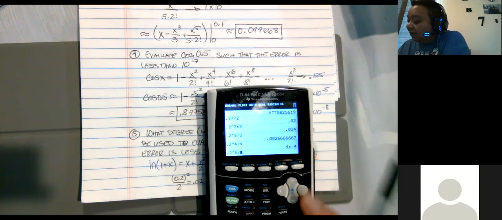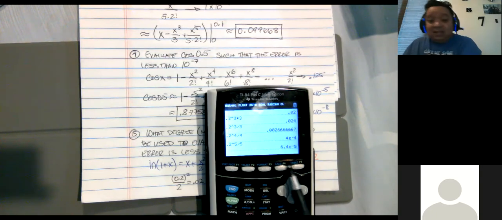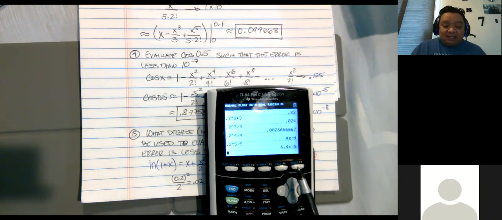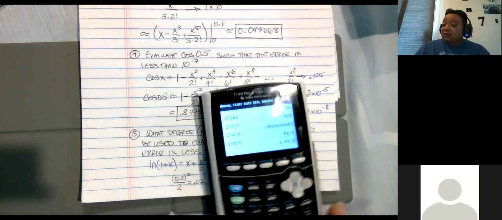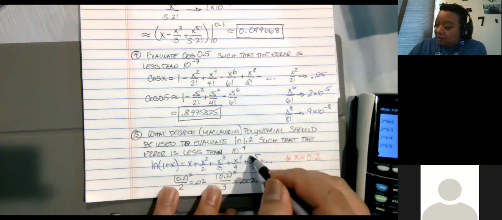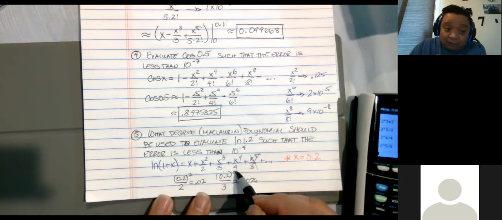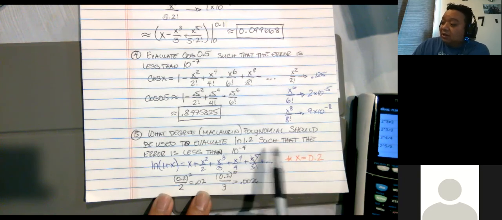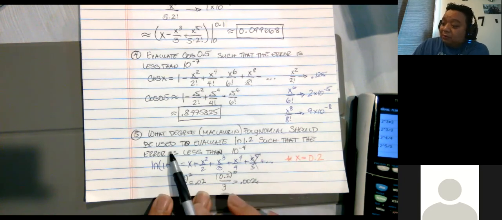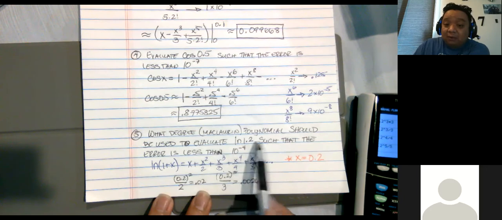So 5, and this is now definitely less than 10 to the minus 4. Which means the one you drop is the fifth term. So you're dropping the fifth one and you're keeping the fourth degree polynomial. Now the question is, what degree polynomial should be used to evaluate 10.2?